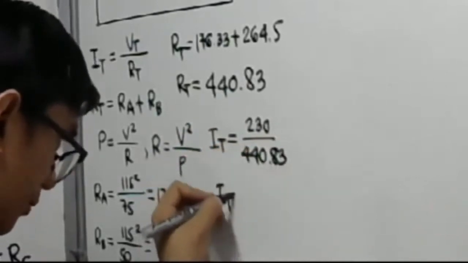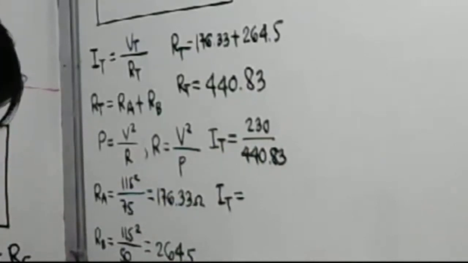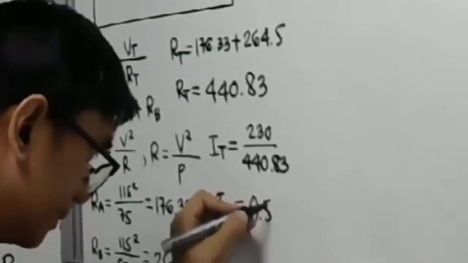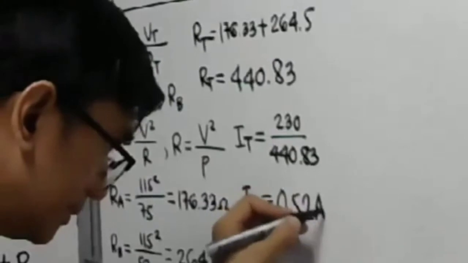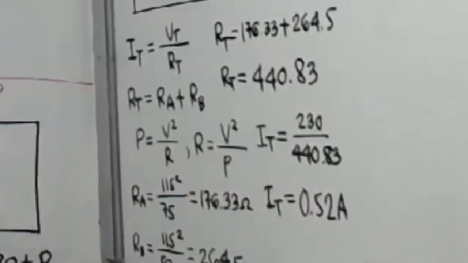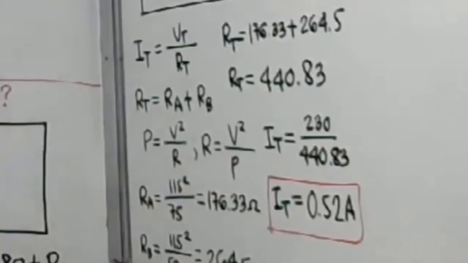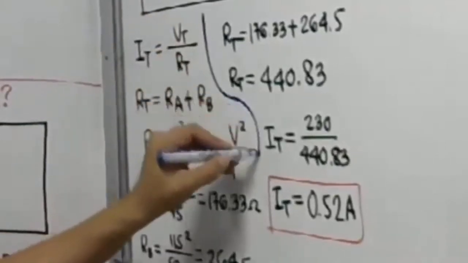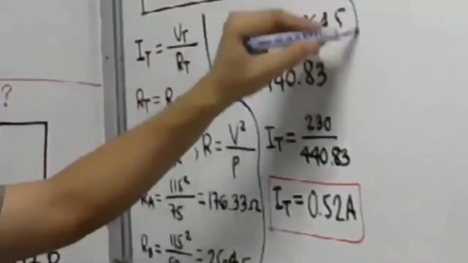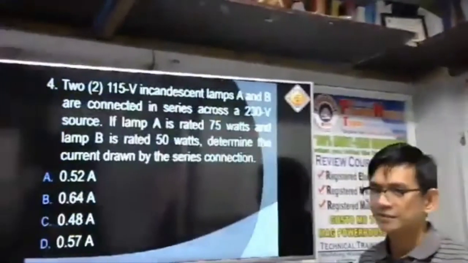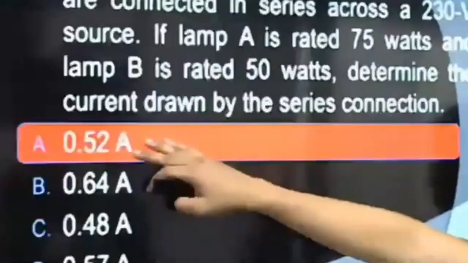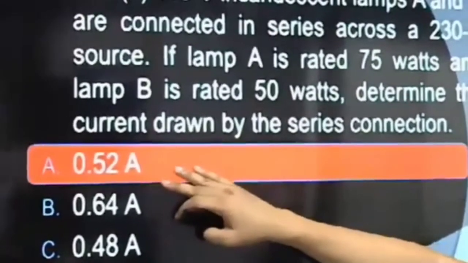So the total current will be equal to 0.52 amperes. So our answer is 0.52 ampere.